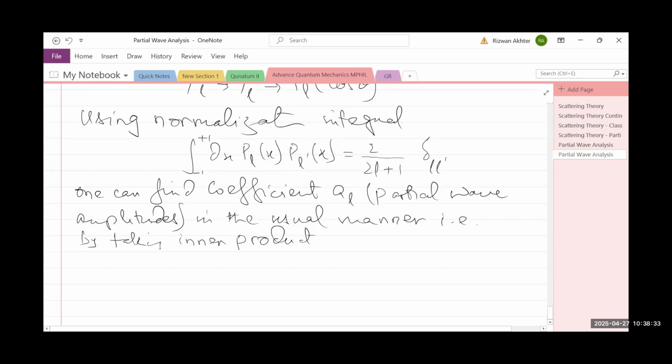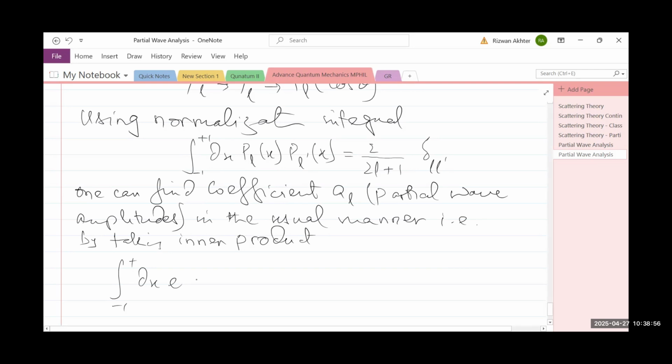So we have therefore, क्या हो जाएगा, minus 1 to plus 1, and this would be a Fourier transform of the Legendre polynomial. Fourier transform, that is, we multiply the Legendre polynomial with the direction in which the wave is propagating, which is e to the power iota k r.